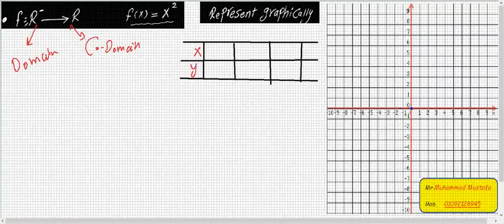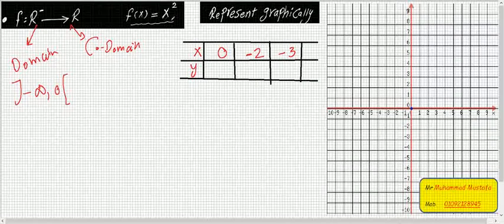We can express the domain by the interval R negative, from negative infinity till 0, open. We substitute by these values in the rule of the function, from negative infinity to 0. Here we substitute by 0 and any number smaller than 0, negative 2, negative 3.